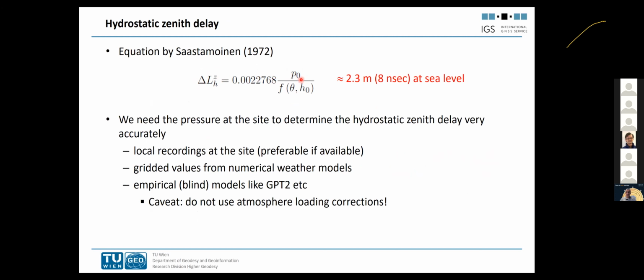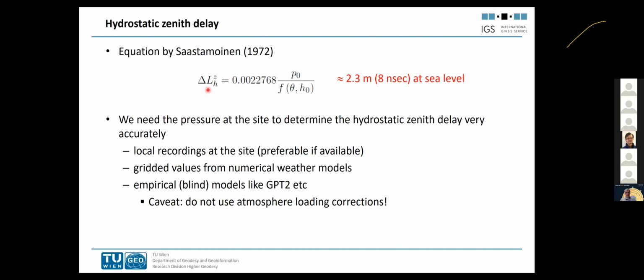If the pressure is 1000 hectopascal, the hydrostatic zenith delay is approximately 2.3 meters or 8 nanoseconds for a station at sea level. In order to calculate the hydrostatic zenith delay, we need the pressure. The best choice is to use pressure recordings at the site.